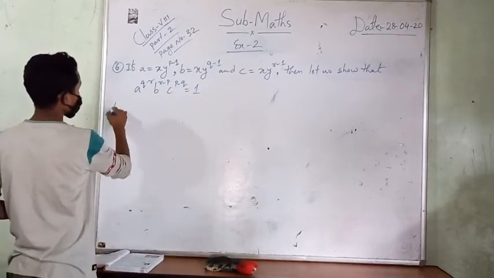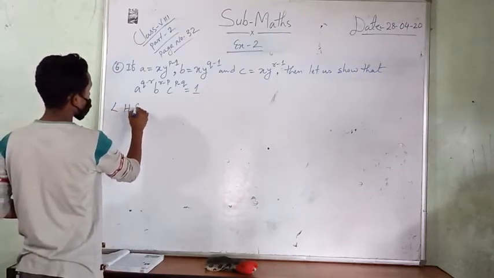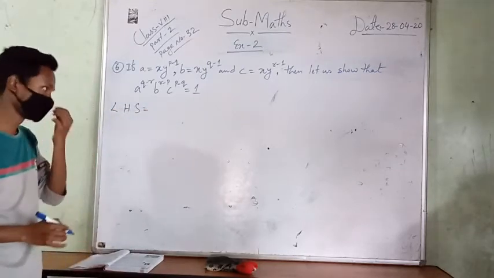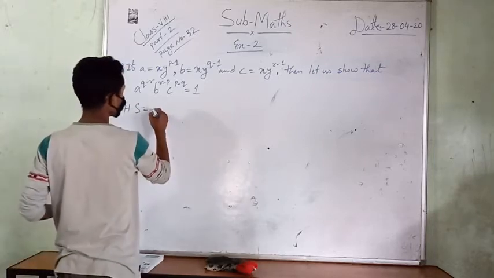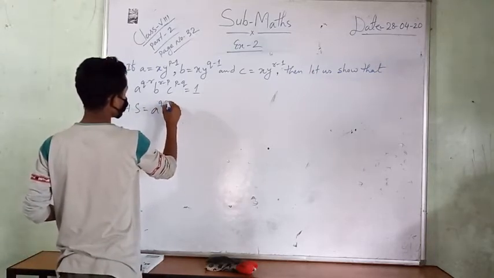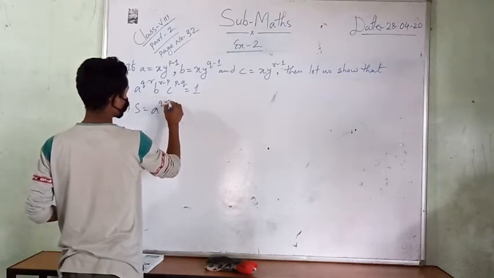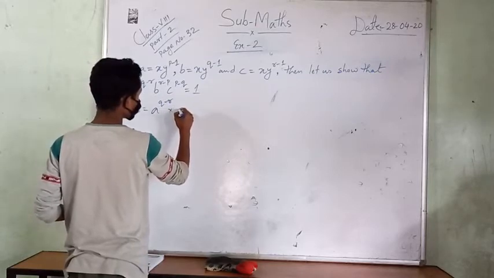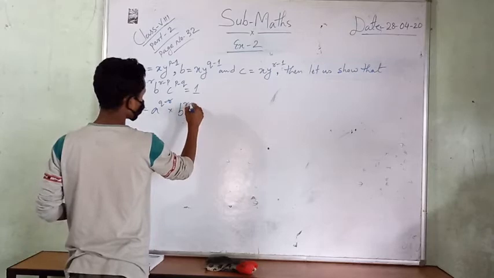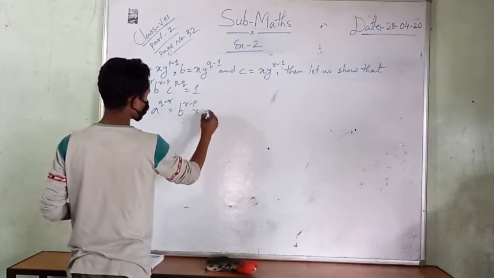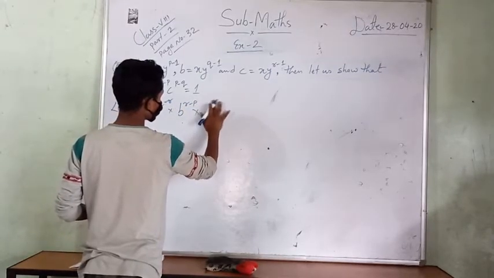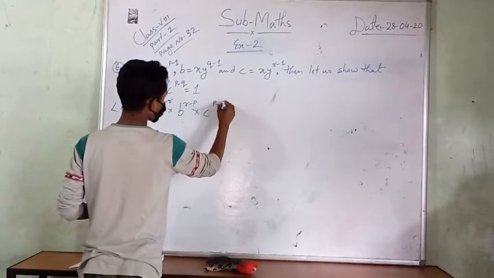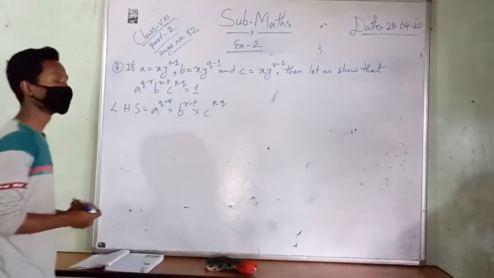So directly I will write LHS, left hand side: a to the power q minus r, b to the power r minus p into c to the power p minus q.